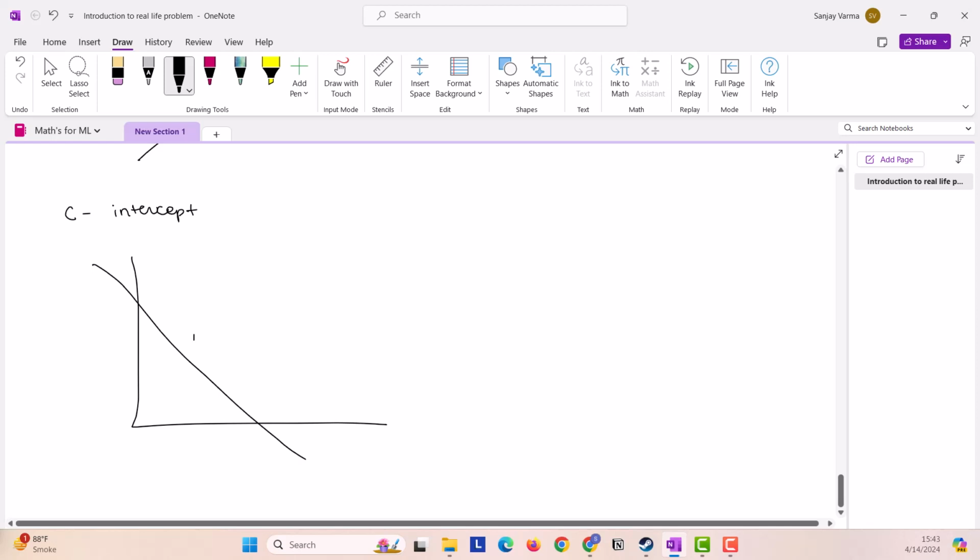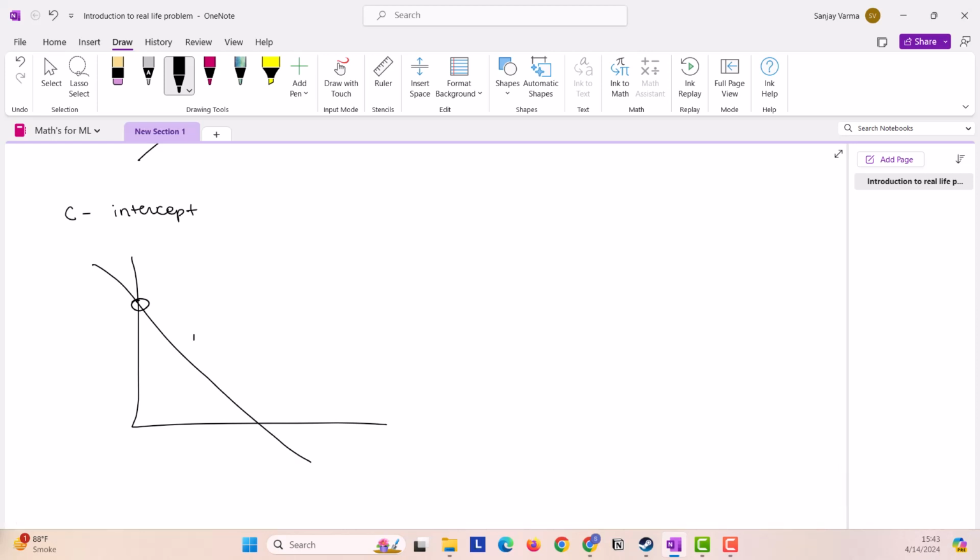Let's say we have a line something like this. So this is our y-intercept. This point will be our value of c. This is, let's say, theta, the angle made by the line with the x-axis.